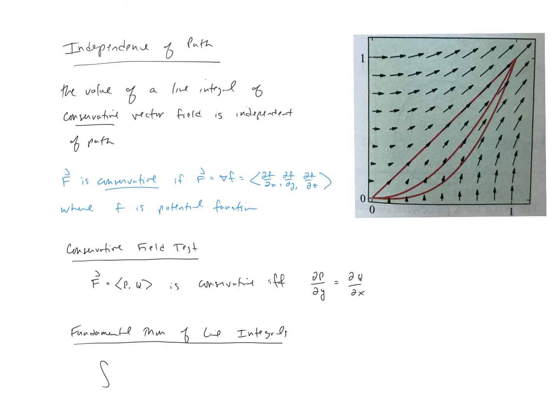And so that would be something like this, where we have an x0, y0 point on the bottom, and we'll do maybe an x1, y1 on top, our traditional F dot dr. And since F right here, being conservative, is now equal to the gradient of f, we're just going to substitute the gradient of the potential in there, dot dr. And since that's true, we can simply evaluate the potential function from x1, y1 minus f of x0, y0.